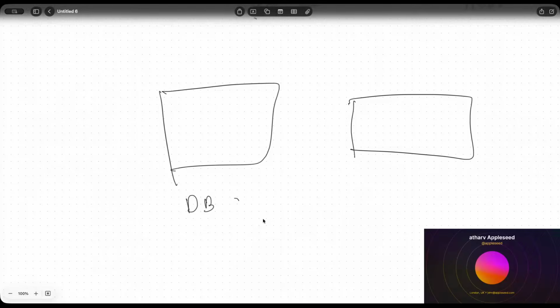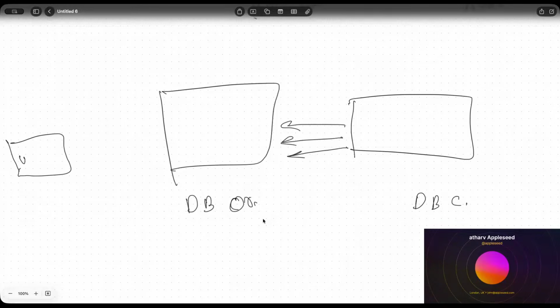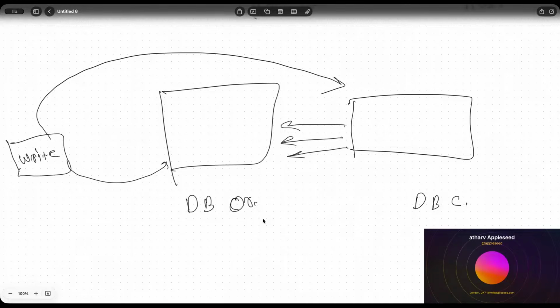So this is db original and this is db copy. A pretty nice solution is to ping the database for changes that are being made. Another one is, whenever a write happens, we first write into the original database, then again write it to the copy database.